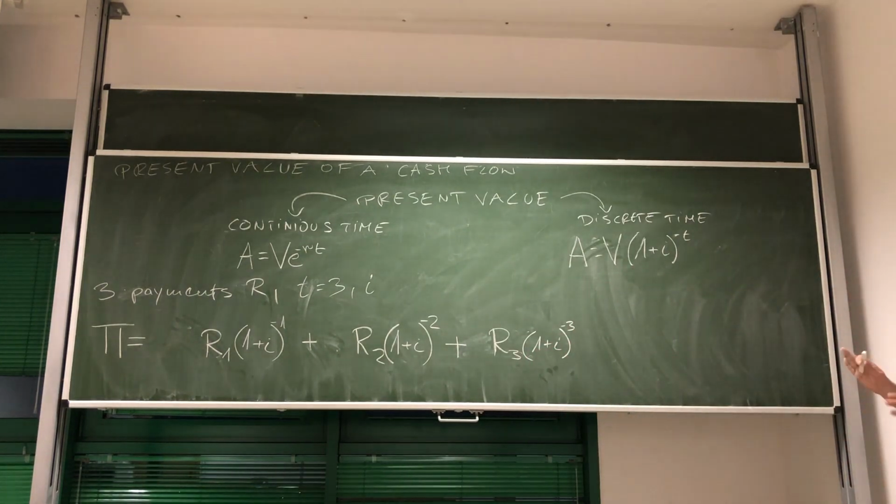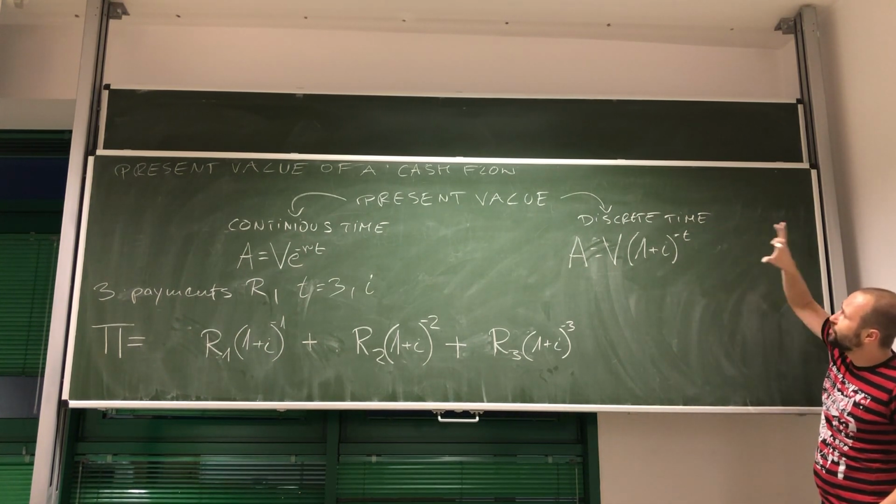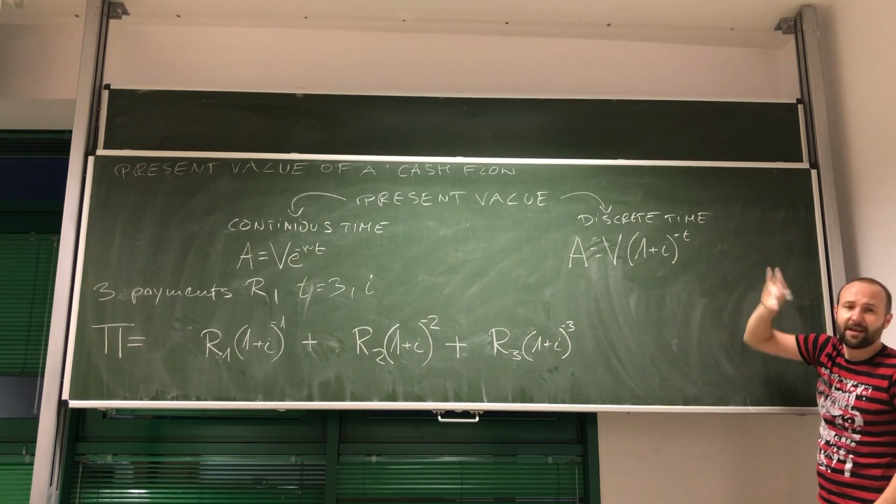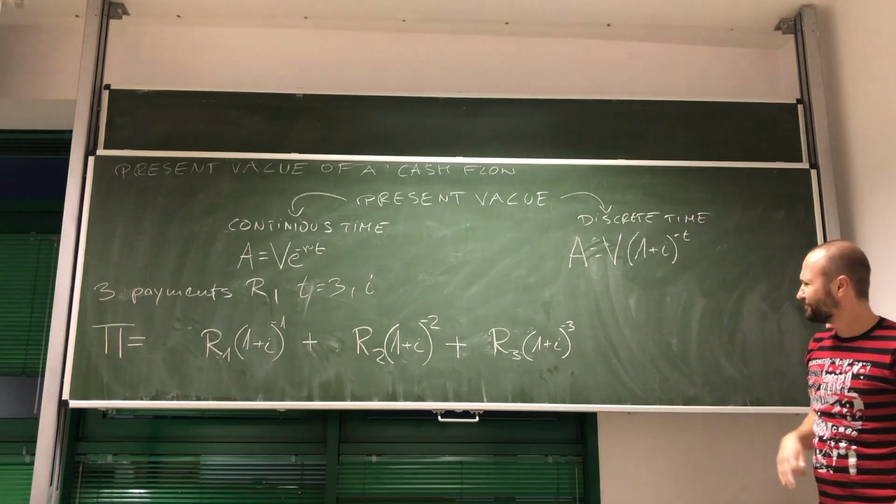And it's as easy as that. As you can see, we haven't actually put here much more knowledge than we already had. We just used what we knew about finding present values and we just added them up.